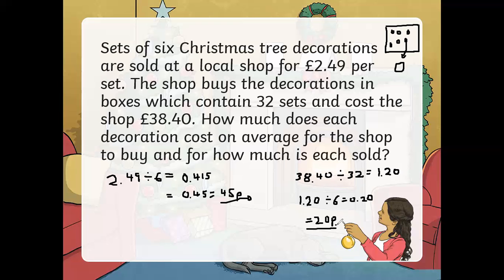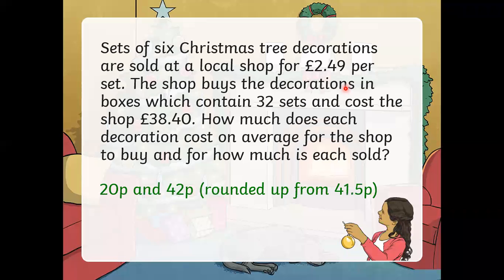So this is how much the shop is buying them for. And this is how much the shop is selling them for. Let's check the answers. Yeah, there we go. It says there it's 42p, rounded up from 41.5p.